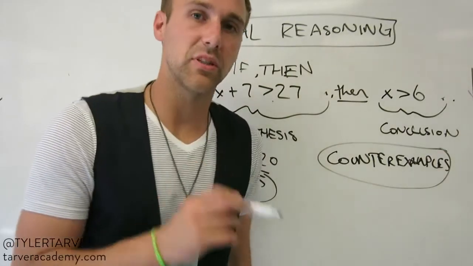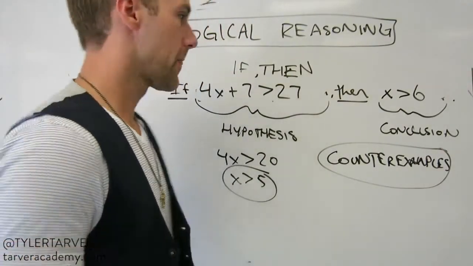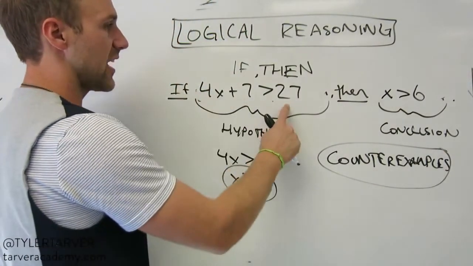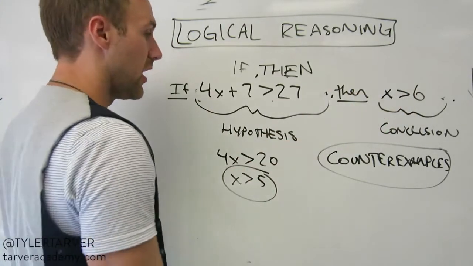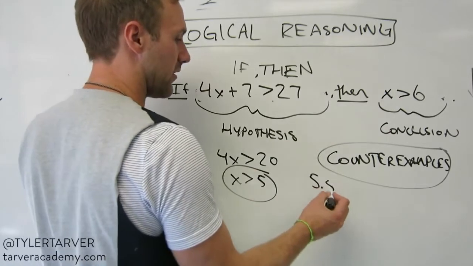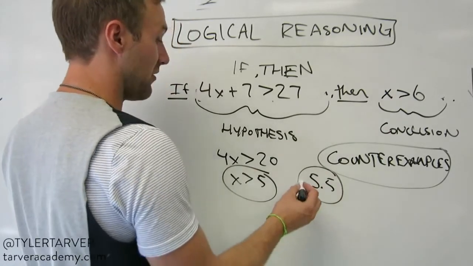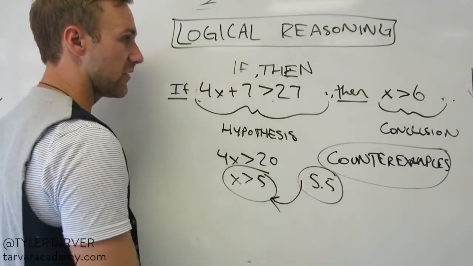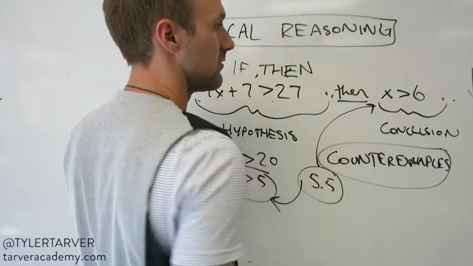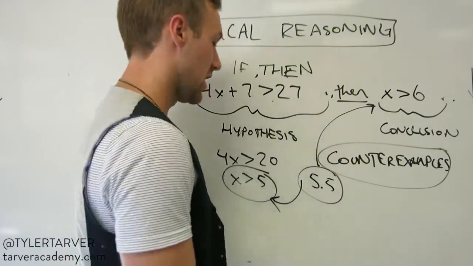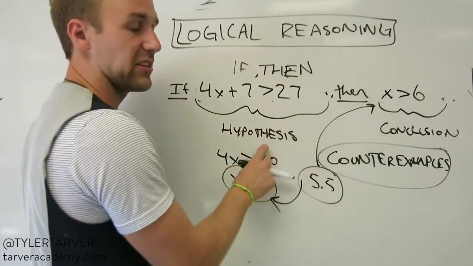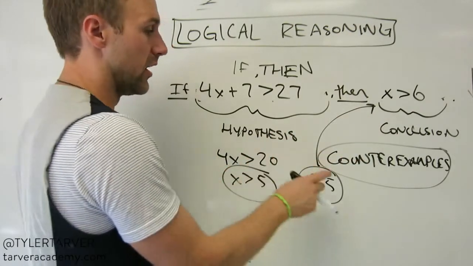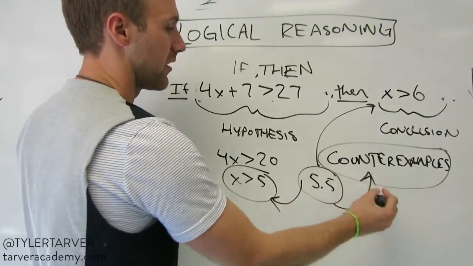A counterexample is something that proves it wrong. 5.5 is greater than 5, but it's not greater than 6. It proves our conclusion incorrect based on this hypothesis. Okay? That's a counterexample.